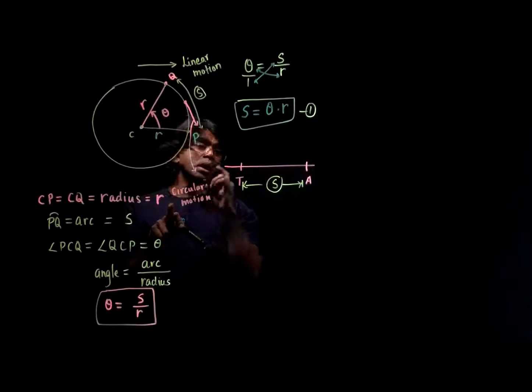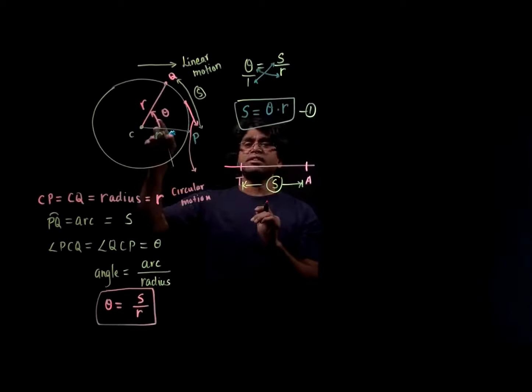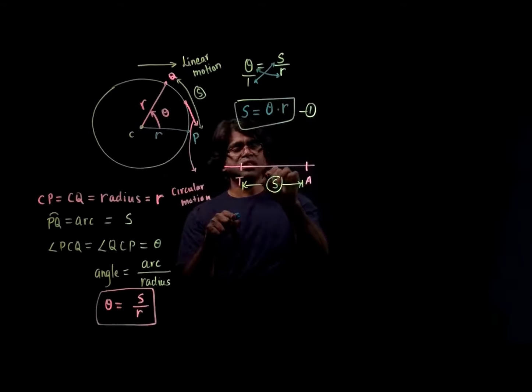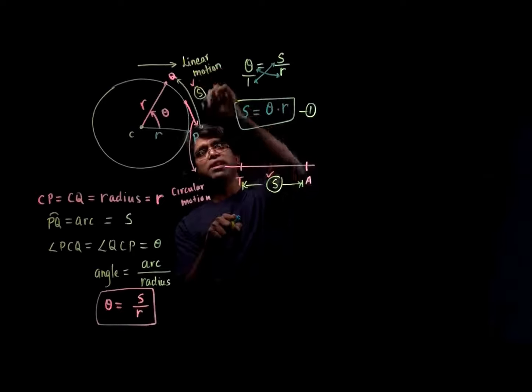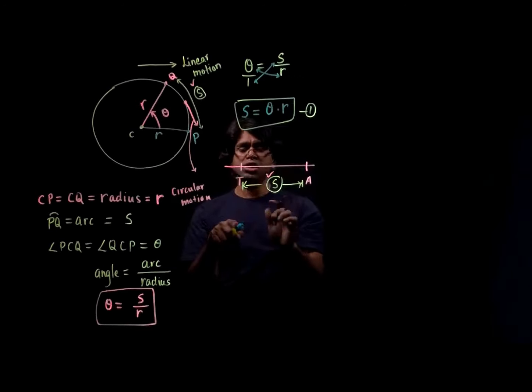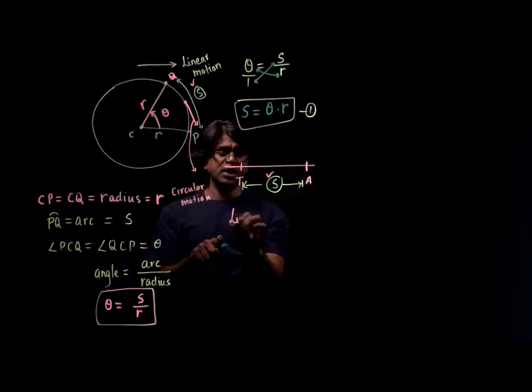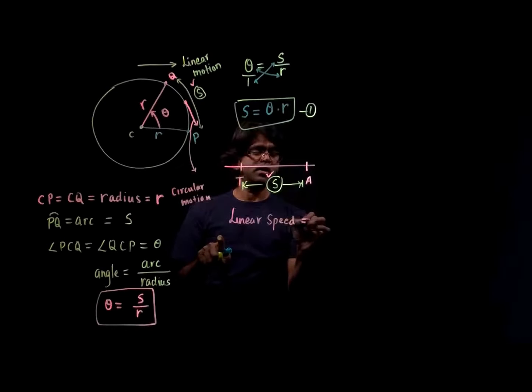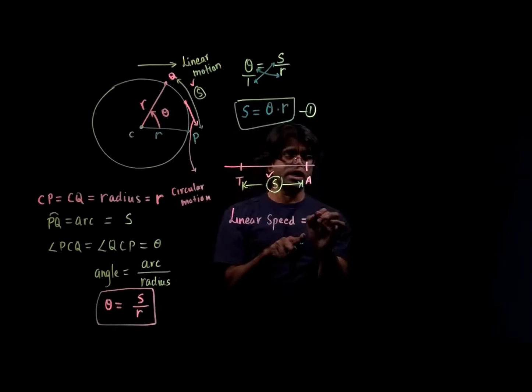Now, if I'm using the same wheel to travel this distance, and this distance S is the same as this S, then we want to find the linear speed. So how do I find the linear speed? We know that speed is distance over time.